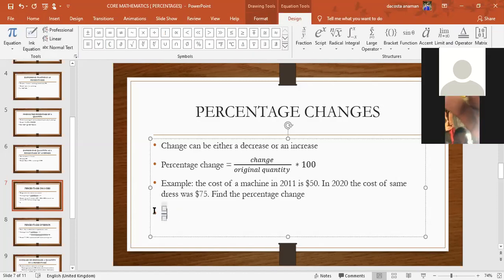Dividing the change by the original quantity, it will be the new quantity minus the old quantity, all divided by the original quantity.